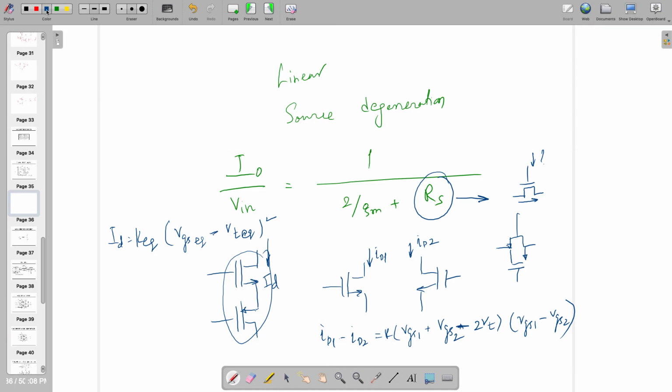VGS equivalent is already known to us, which is between here and here. K equivalent is already known to us, Kn Kp divided by root Kn plus root Kp square. And similarly, VT EQ is VTN minus VTP. That you have to plug and play.